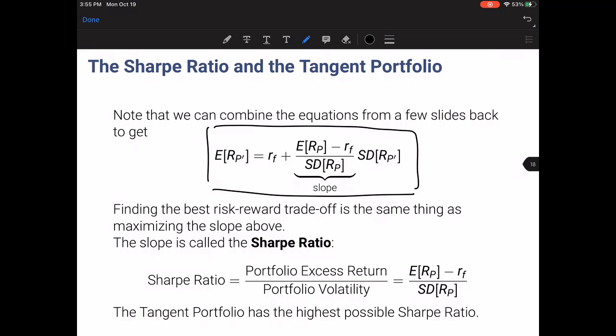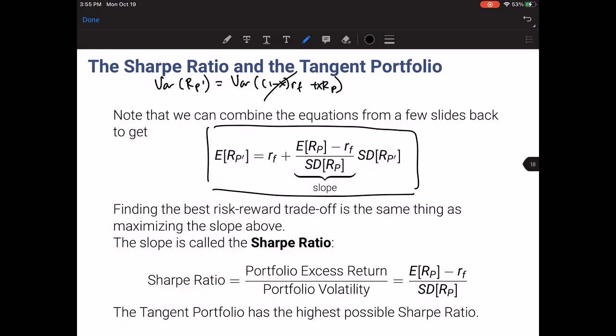Recall that the variance of the return of the portfolio that includes the risk-free asset, I'm going to use P prime to represent that, is equal to the variance of (1 minus x) times RF plus x times RP. And remember that RF is constant, so it just goes away.